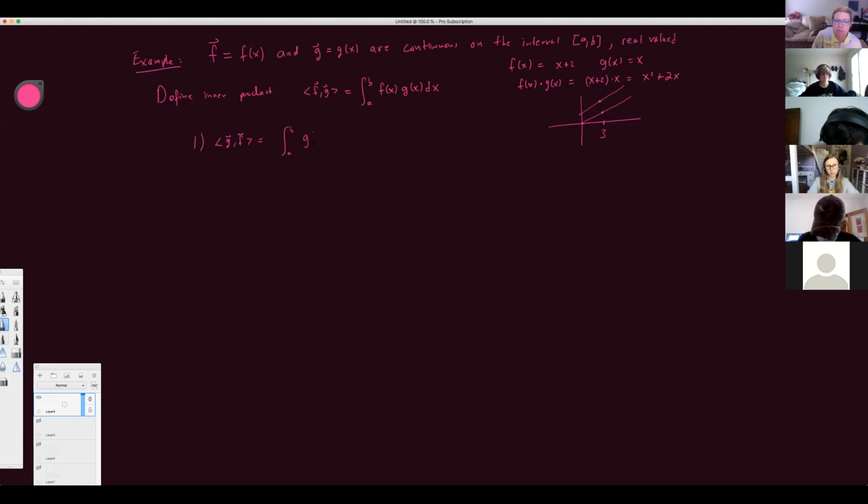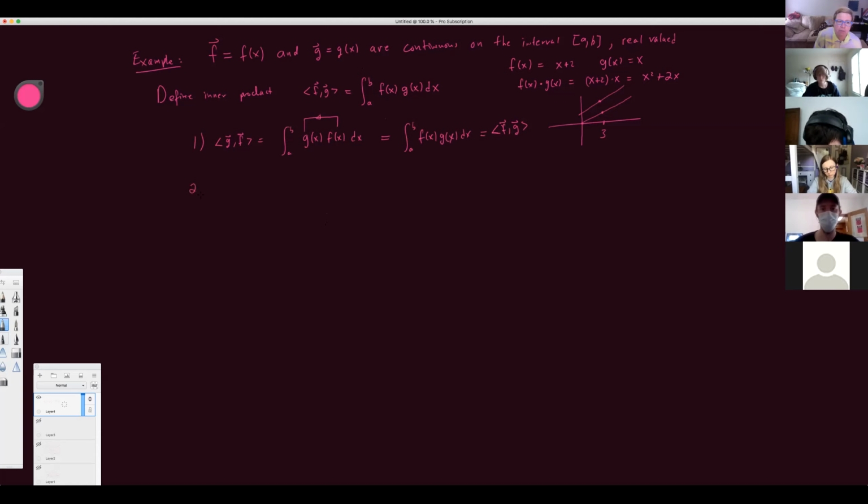So we have the integral of g of x times f of x dx. Well, clearly, if it's multiplication of real valued functions, there's no reason I can't interchange these, right? So that indeed is equal to the integral of f g. Yeah?